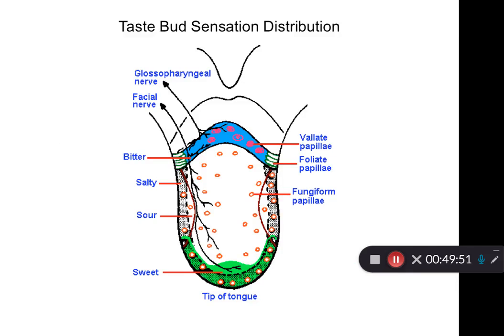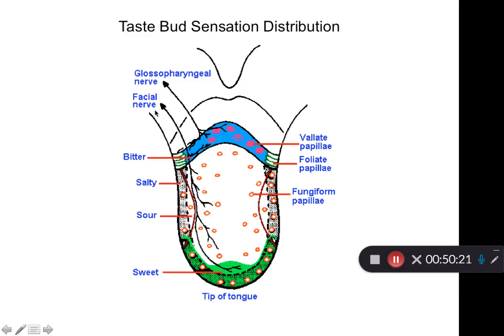All the taste buds are innervated by the cranial nerve. We can see the anterior 2/3 part of the tongue is innervated by the facial nerve.